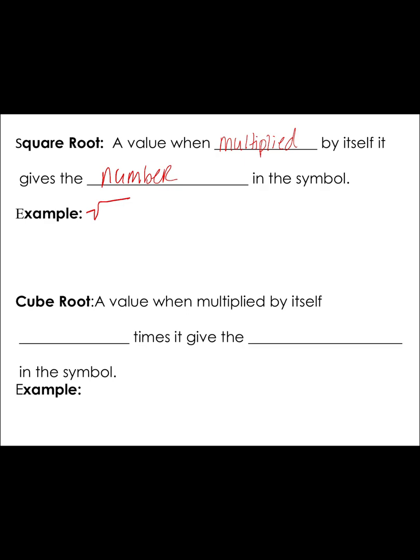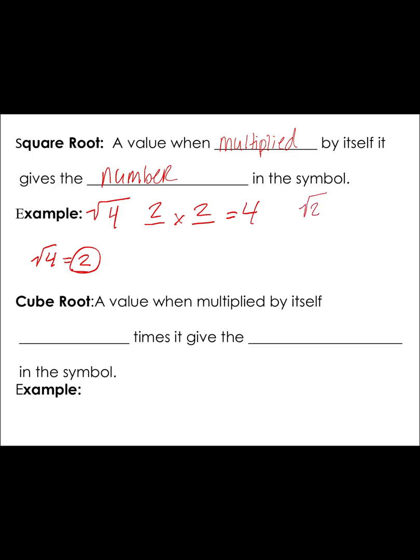So if we have the square root of, let's say, the number 4. Okay, so we need to think, what number multiplied by itself is going to give us 4? Oh, well, 2 times 2 is going to give us 4. So the square root of 4 equals 2.